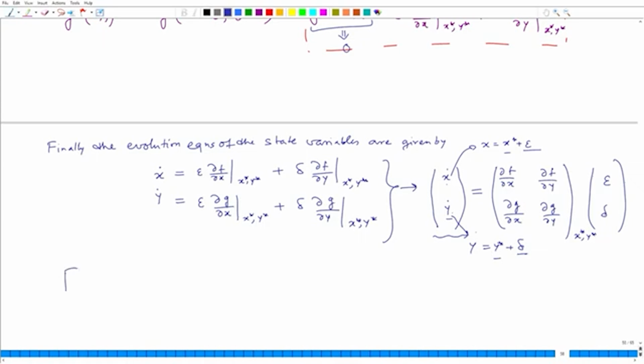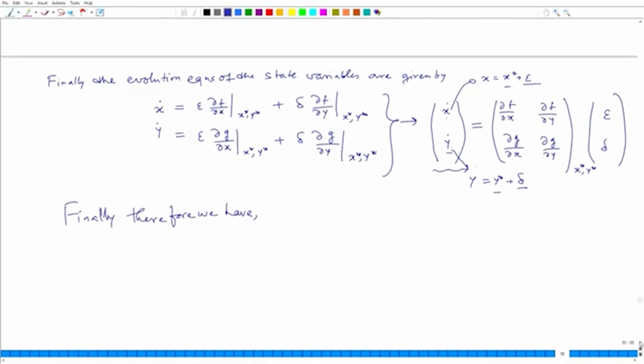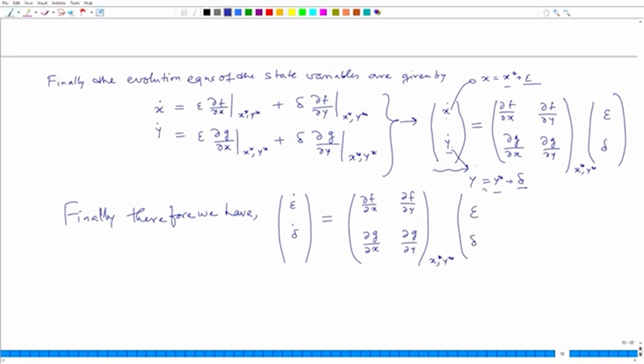And therefore, we have epsilon dot, delta dot equal to the matrix del f del x, del f del y, del g del x, del g del y, evaluated at x star, y star, times epsilon and delta.